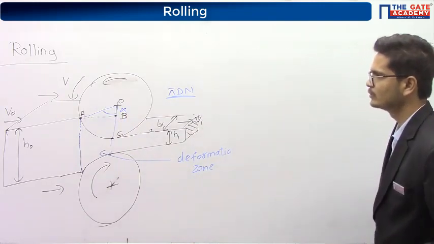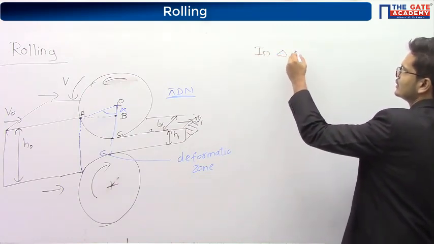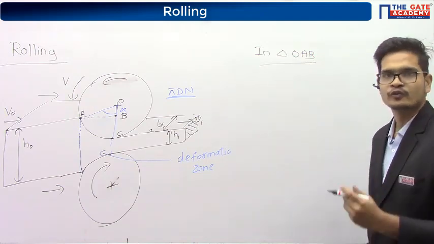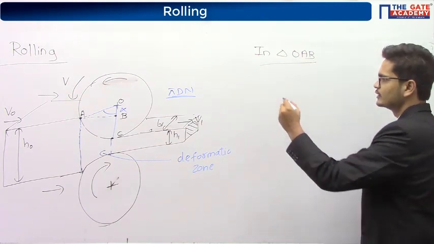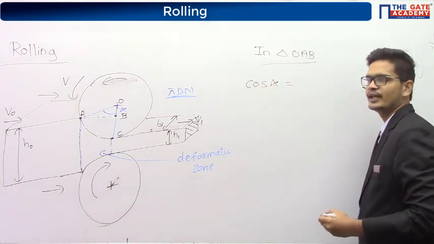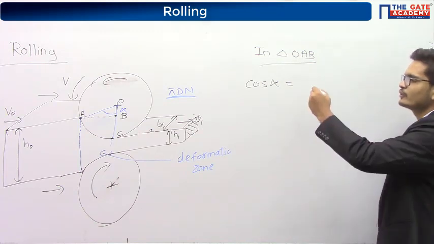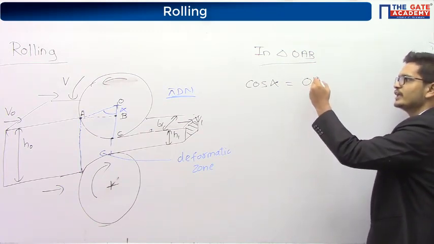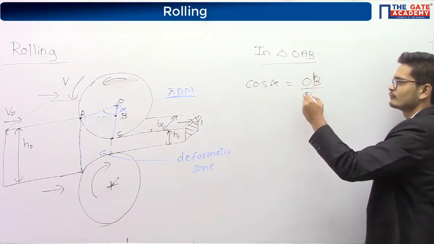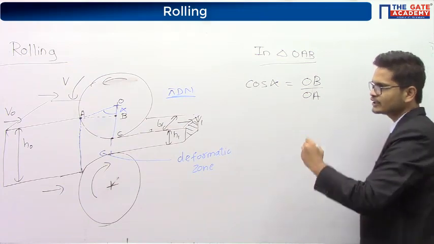Now, in triangle OAB, what is cos of alpha? Obviously, it will be OB upon OA. OA is what?